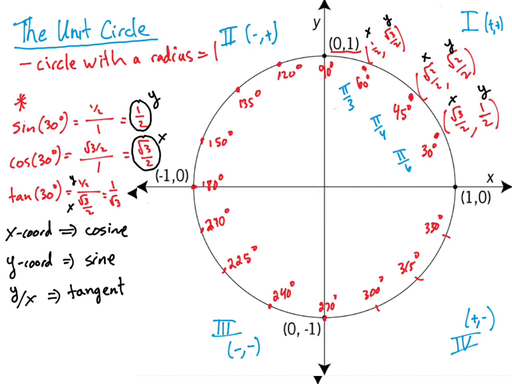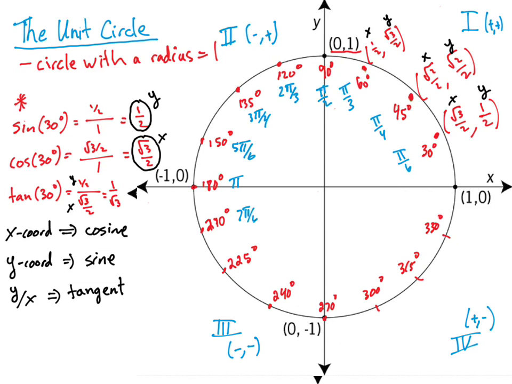I'm also going to go around and label all of these angle measures in radians. This is pi over 2. Going next, we have 2 pi over 3. This is 3 pi over 4. This is 5 pi over 6. And this is pi. Going down into quadrant 3, 210 degrees is 7 pi over 6.